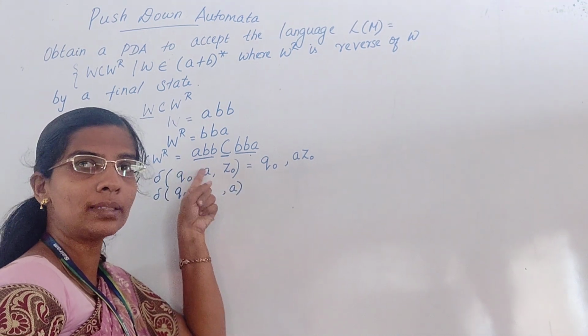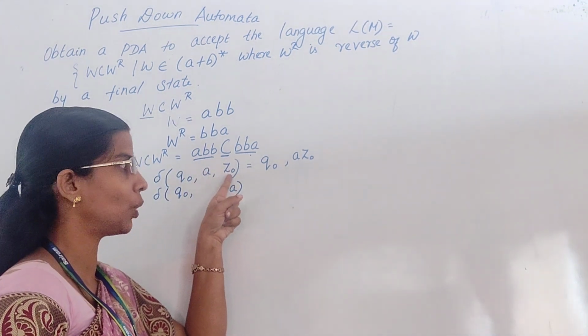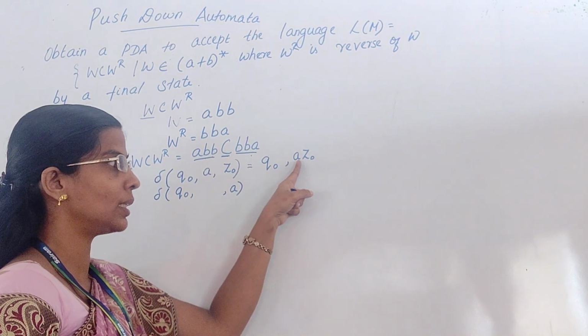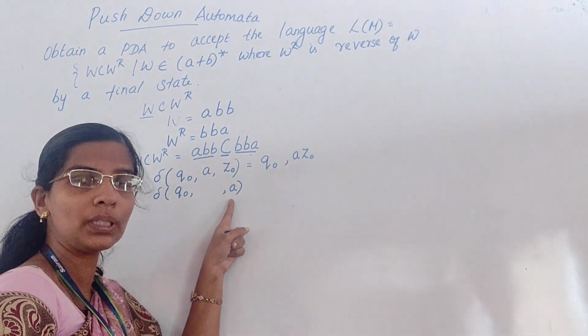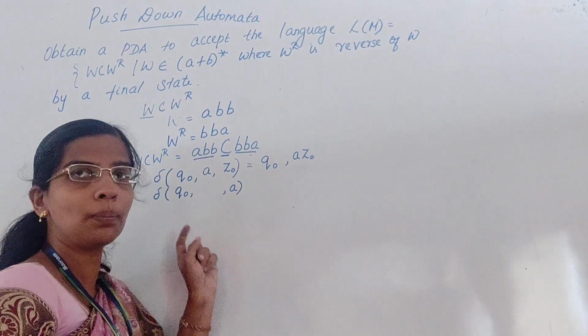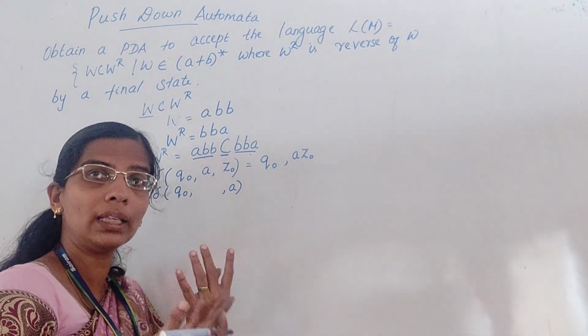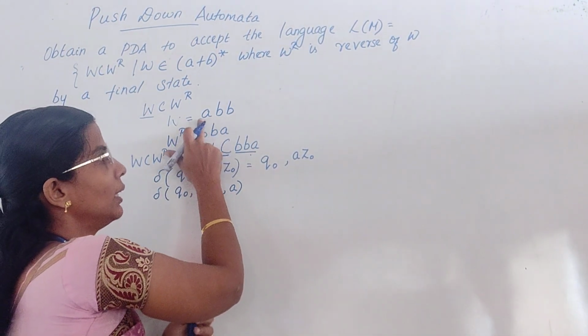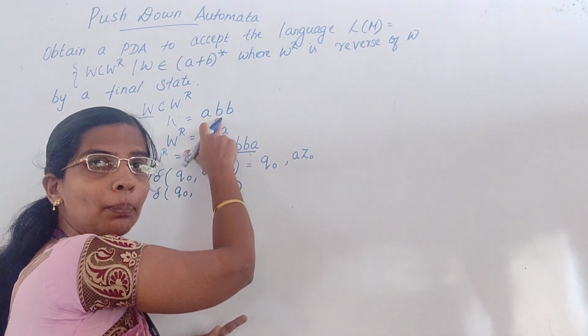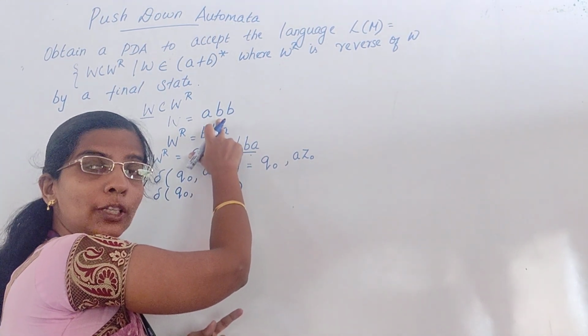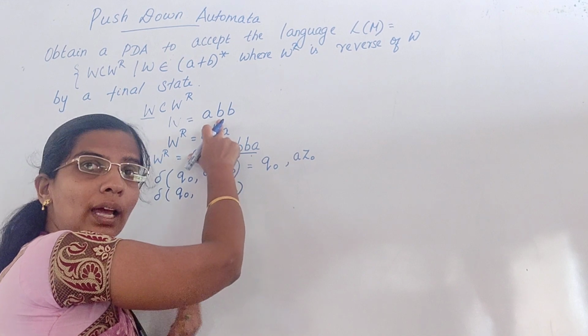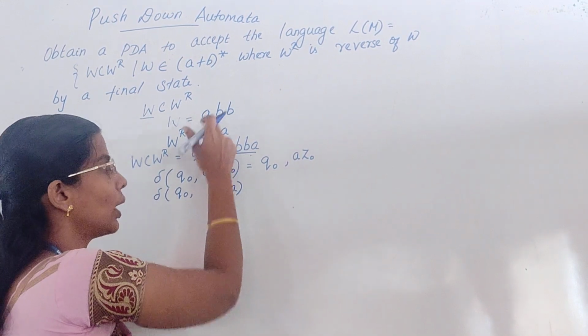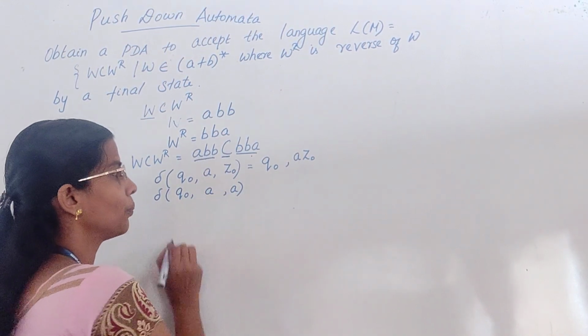Current state, next input symbol and the stack top. I have pushed A inside my stack, so now my stack top is A. And the input symbol can be either A or B. The second symbol, here in this example I have taken B, but it is not necessary I should have only B. I can have either A or B. So I write both. First I write A.